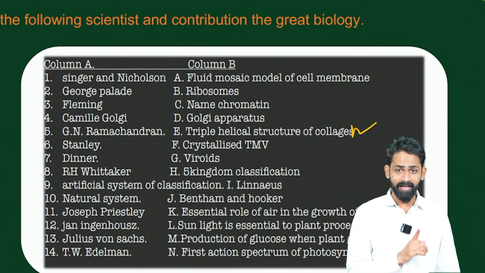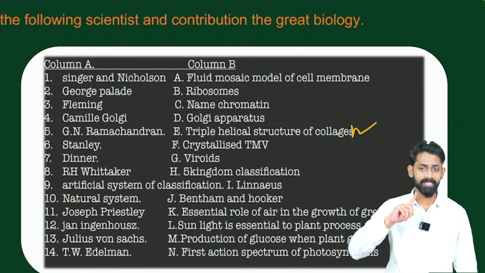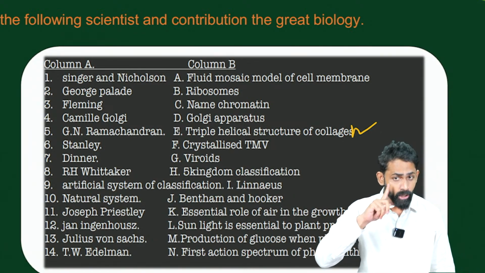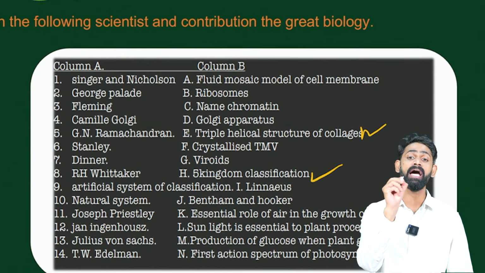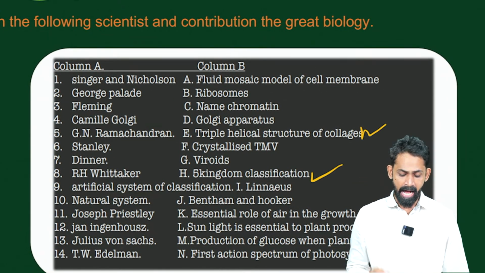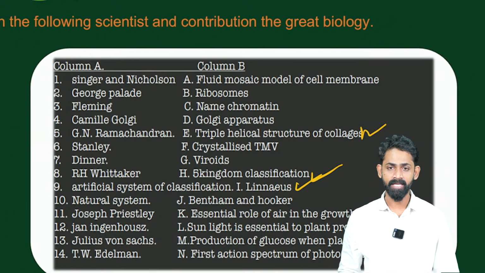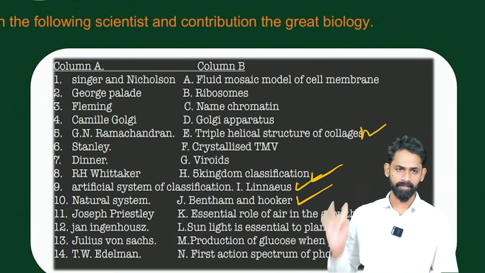Diener discovered viroids, infectious nucleic acids containing low molecular weight RNA without a protein coat. Whittaker, five kingdom classification. The artificial system of classification was given by Linnaeus. The natural system of classification was given by Bentham and Hooker.